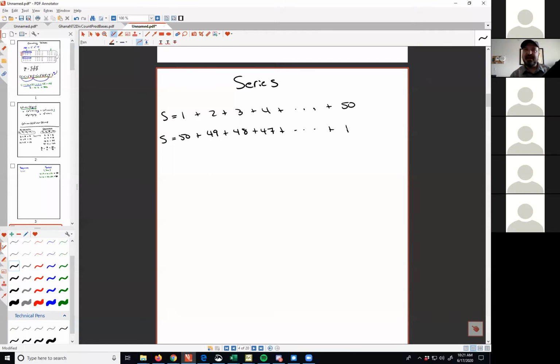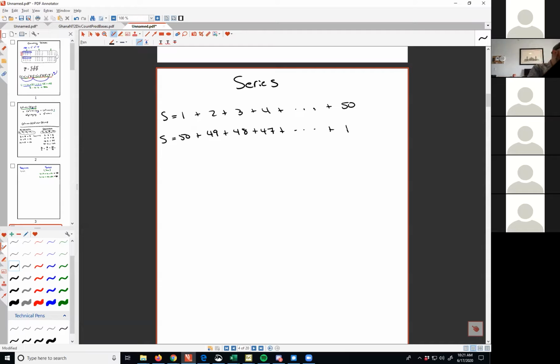Does anybody see how that helps us? By writing it backwards, we can pair them to get the same number each time. Very good.